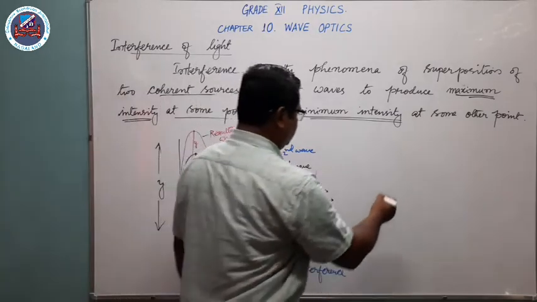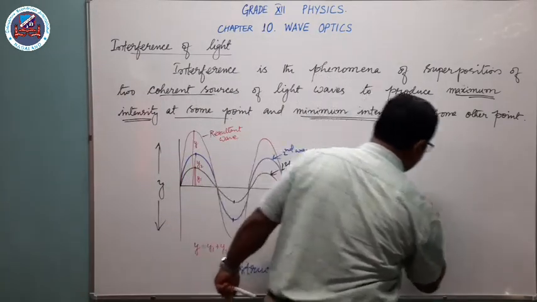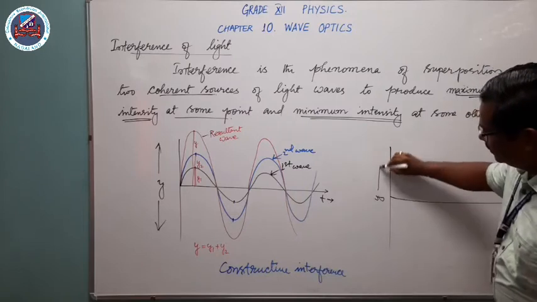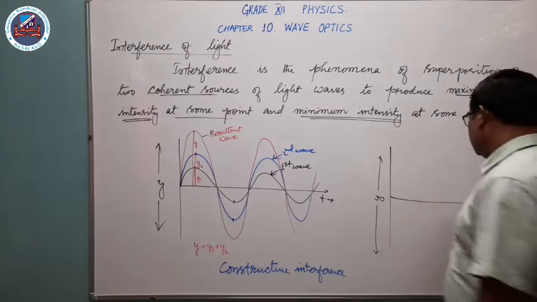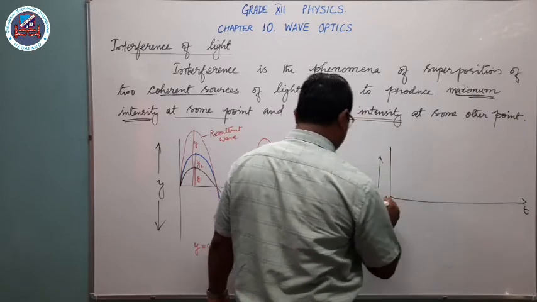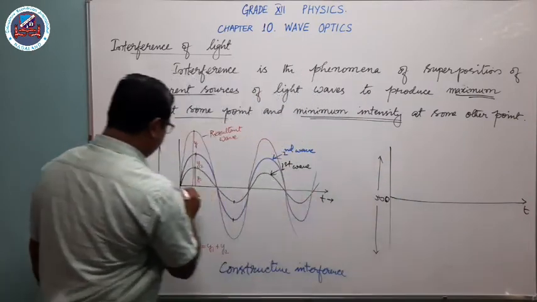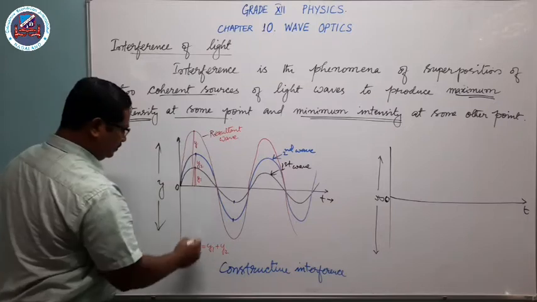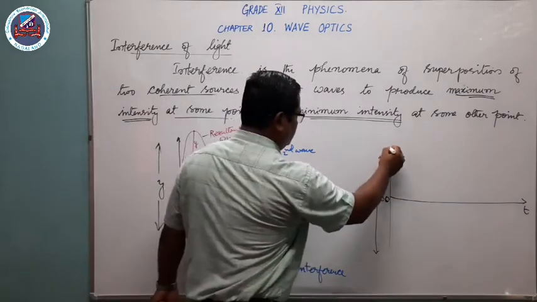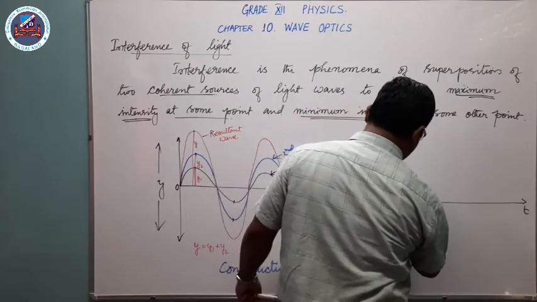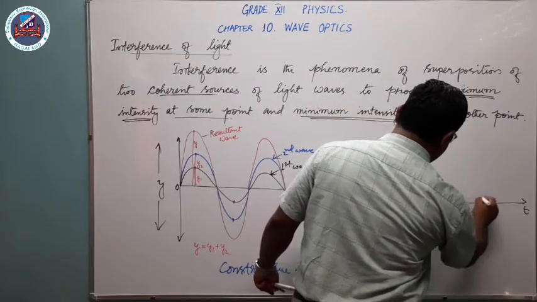If you look, this is your displacement axis, this is your time axis, this is your origin. In destructive interference, suppose this is one wave, the first wave.